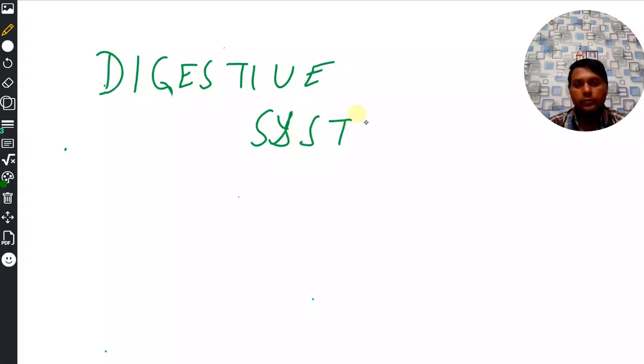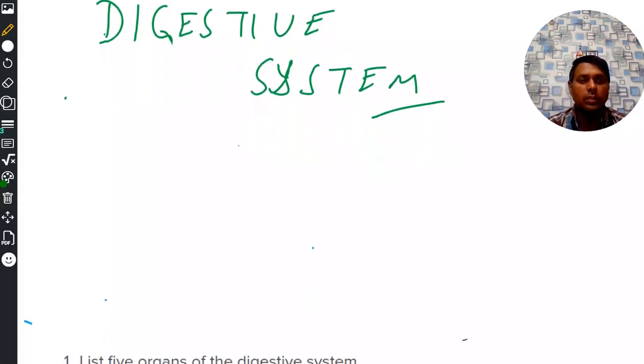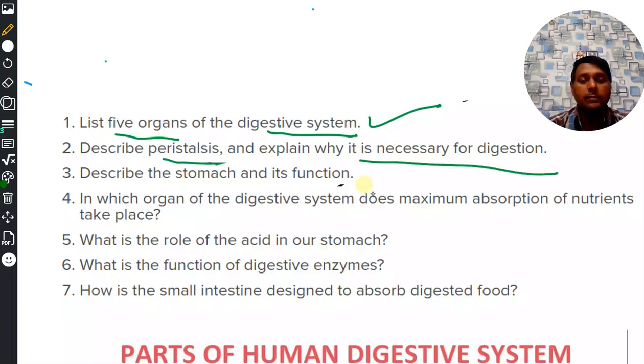After this demo, you will be able to answer some basic questions about the digestive system. What are those basic questions? We can find the 5 organs that help in our digestive system, describe peristalsis and explain why it is necessary for digestion, and describe the stomach and its function.